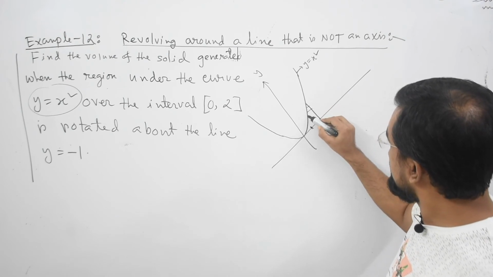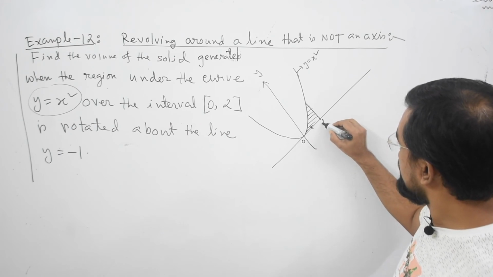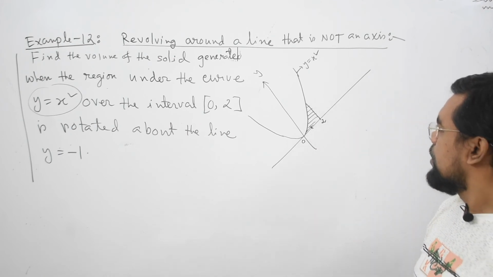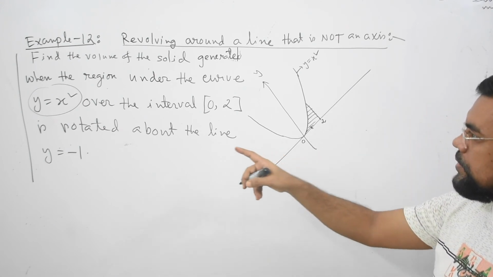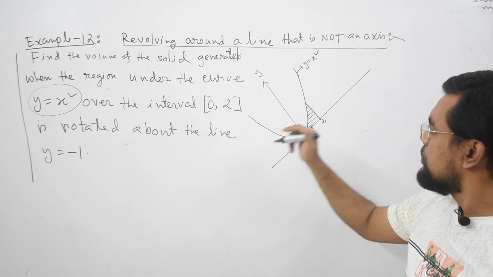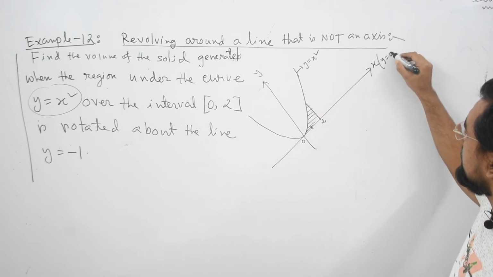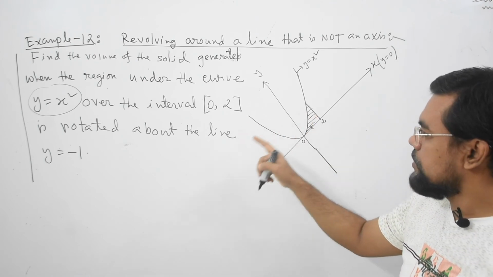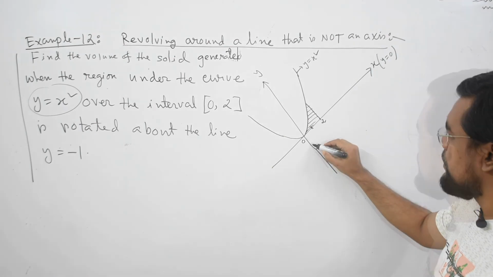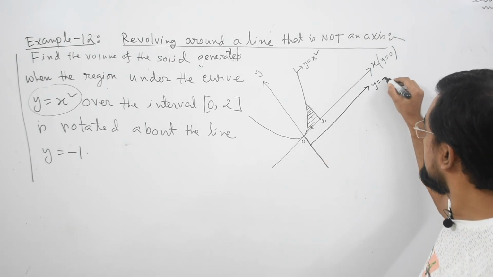If you revolve this region from 0 to 2 about a line which is not the x-axis, and we know the x-axis means y equal to 0, but we need to revolve this region about y equal to negative 1. We are revolving about this line y equal to negative 1.